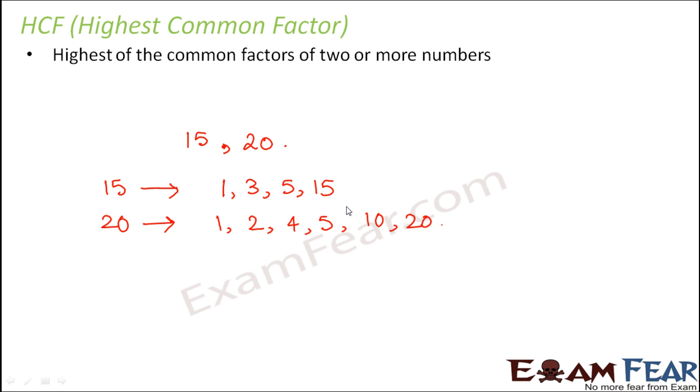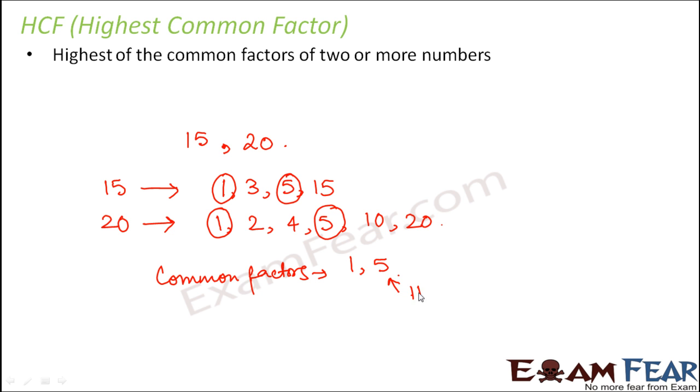Now let us mark the common ones. 1 is a common factor to both of them. 5 is also a common factor to both of them. So the common factors are 1 and 5. Which is the highest common factor? That is 5. So 5 is the HCF of 15 and 20.